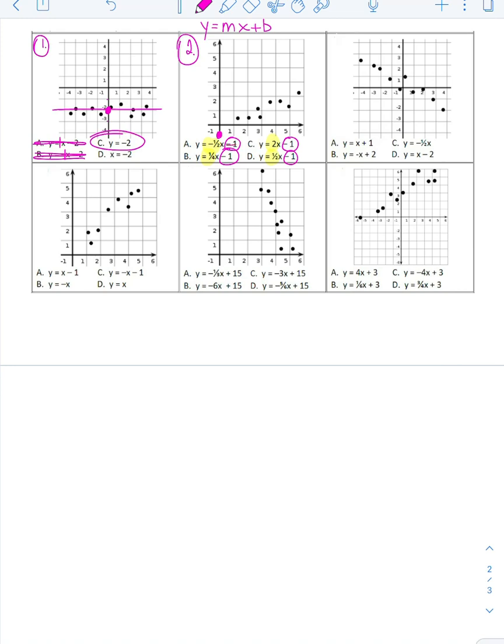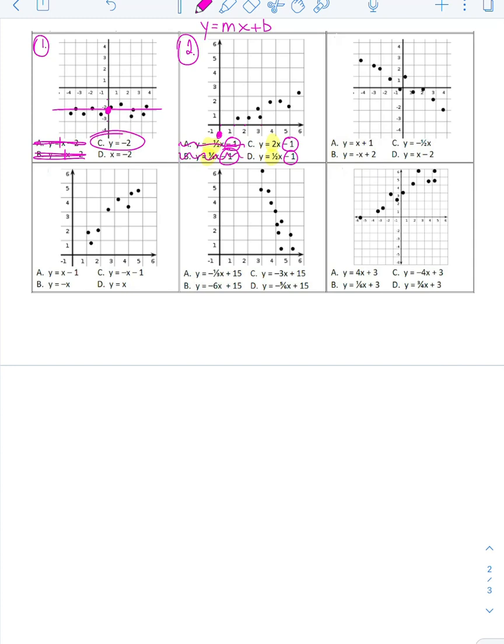That means I would go down 1, run 2. I'm going to mark that out because we can clearly see that's a positive line. Now let's test B. The slope is 1/4. Rise 1, run 1, 2, 3, 4. If I draw that line, that's way off. So I'm marking out B.